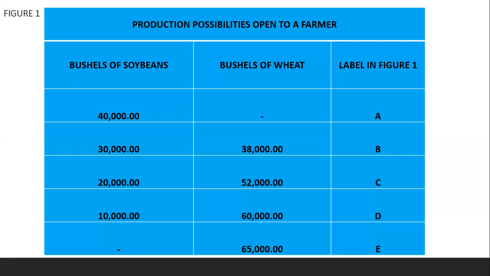On the fourth production, he again reduced another 10,000 units in order to produce additional bushels of wheat. And for the last production, he shifted all his resources from soybeans to wheat in order to produce 65,000 units of wheat.